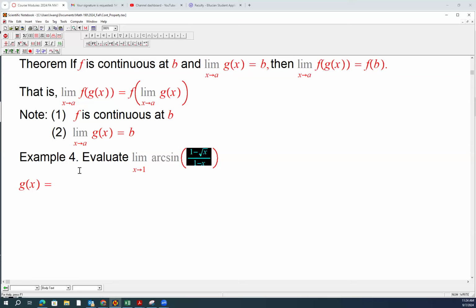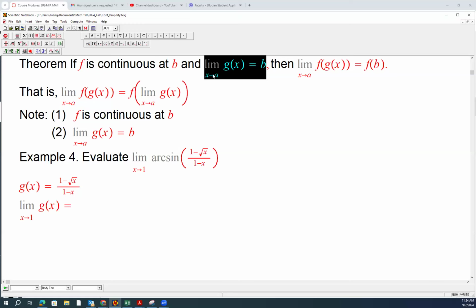But assuming this is a g, we want to see if g has a limit as x approaches 1. Basically, we're checking this condition. This function inside the parentheses is g here.